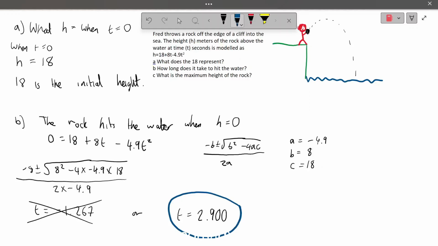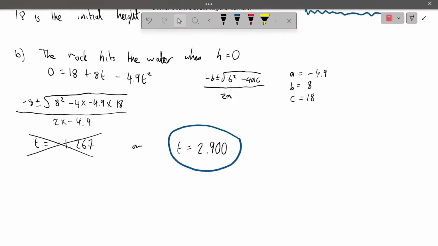Now part C, what is the maximum height of the rock? So what we have is h equals 18 plus 8t minus 4.9t squared.